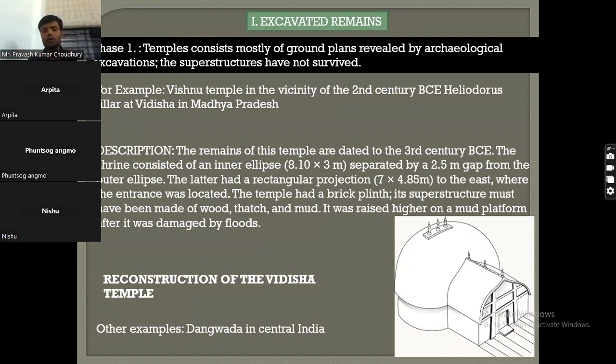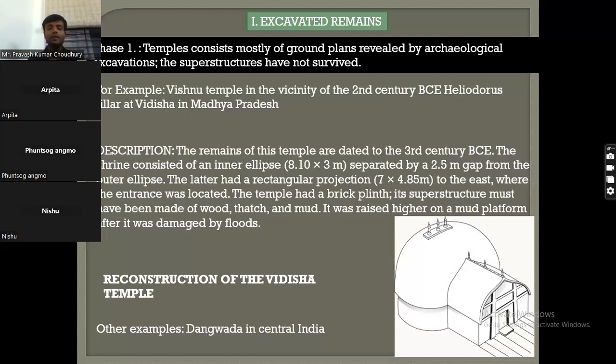So in the early historical period, when we talk of even the beginning of cave architecture, the earliest cave that you witness at Barabar Hills gives us the impression of how the masons or architects involved in excavating such caves in India must have been taking inspiration from wooden architecture.